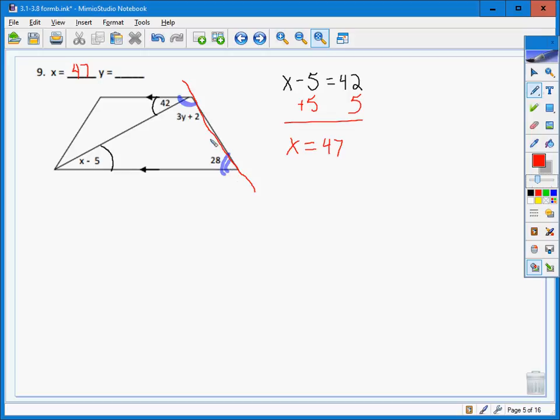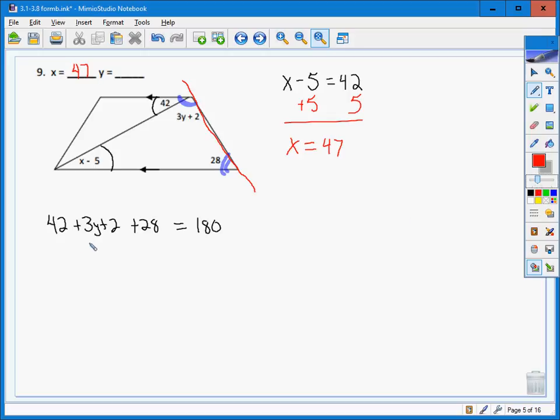They're both on the inside of the lines. They're on the same side of the transversal. So I have to add all the pieces together. The 42 plus the 3y plus 2 makes up this top angle. The 28 makes up the bottom angle, but when I add all those pieces together, it should be equal to 180 degrees.